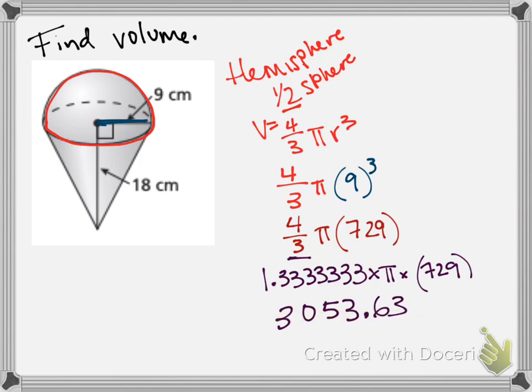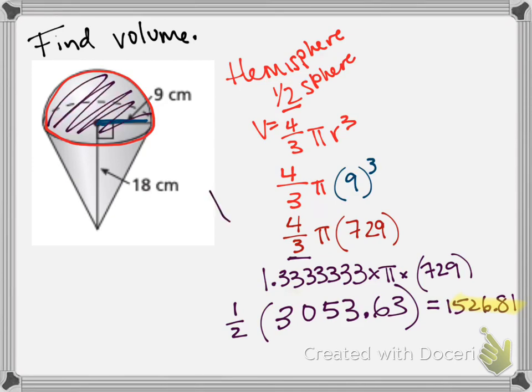That's the volume of the whole sphere. We actually need to cut this in half. So either multiply times a half or divide it by 2. We're going to get 1526.81. So I'm going to highlight this. That is the volume of the top.